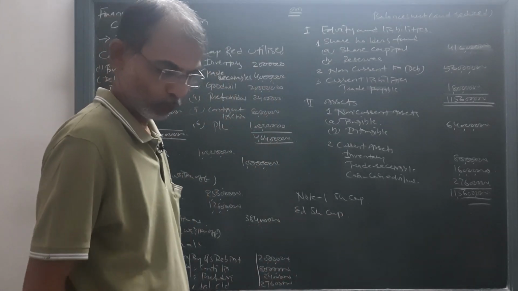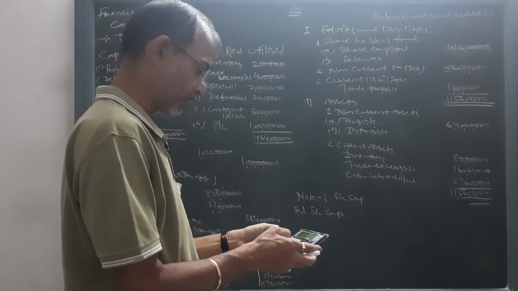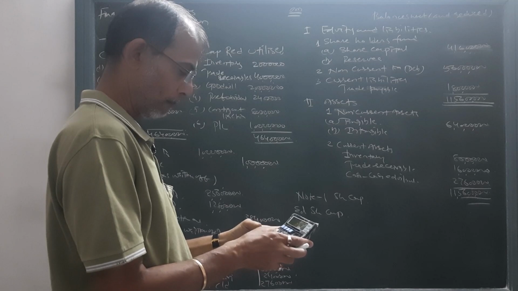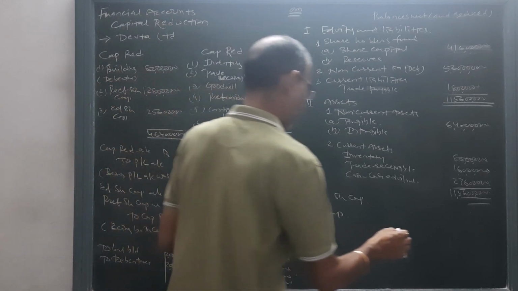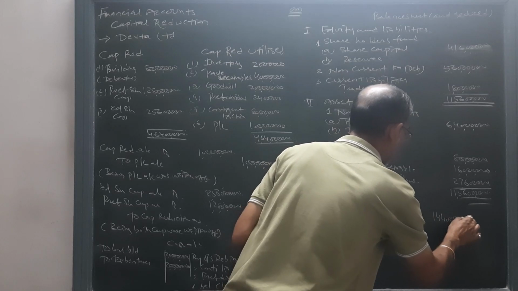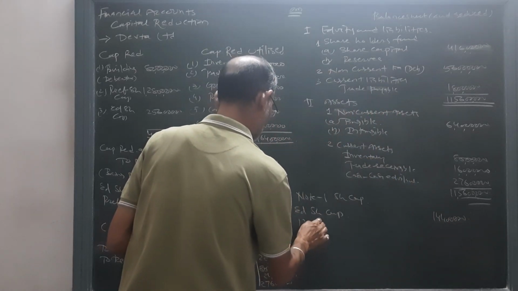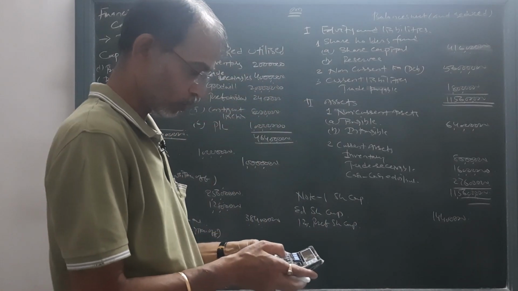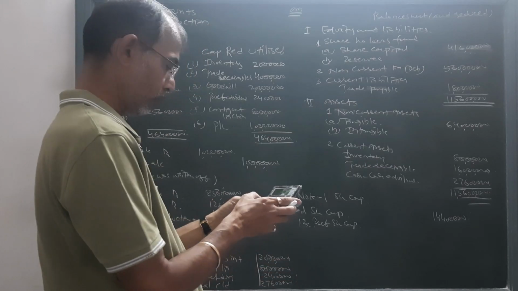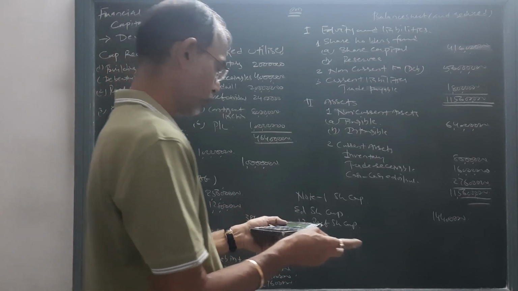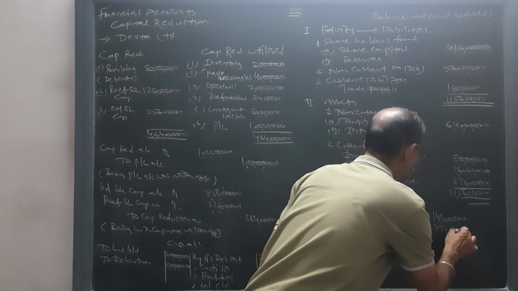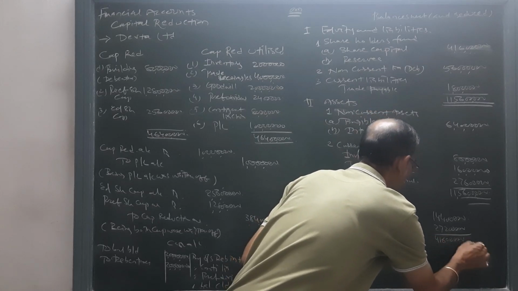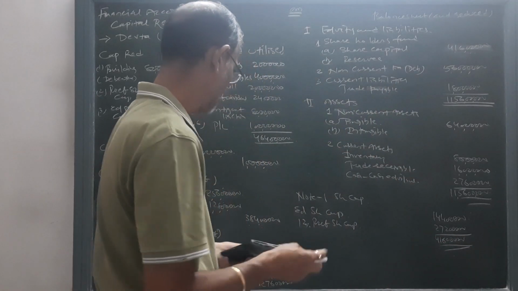Equity share capital was 4 crore, out of which 2 crore 56 lakh were written off, so 1 crore 44 lakh. 12% preference share capital, that was also 4 crore, out of which 1 crore 28 lakh were written off, so 2 crore 72 lakh, and total of 4 crore 16 lakh.